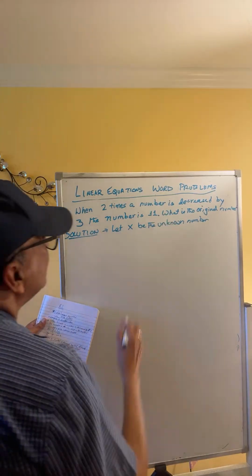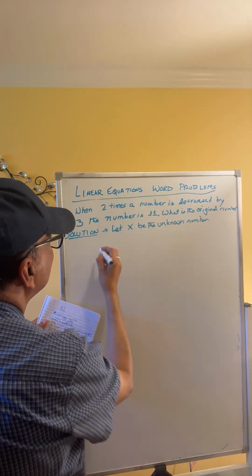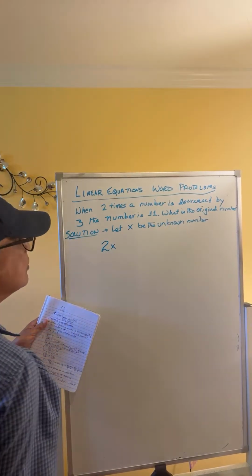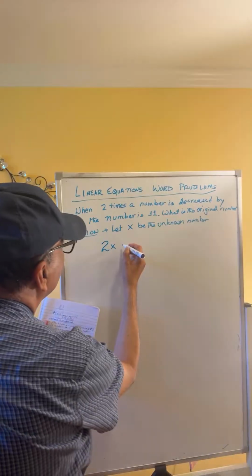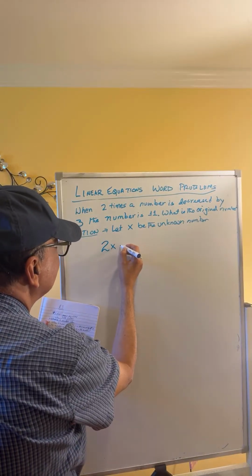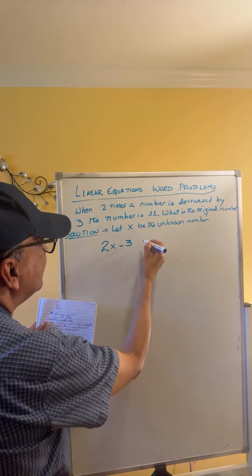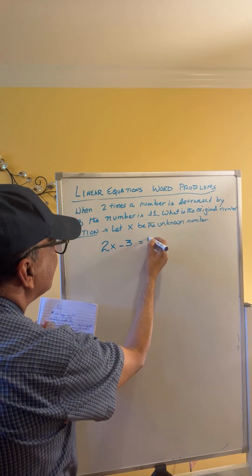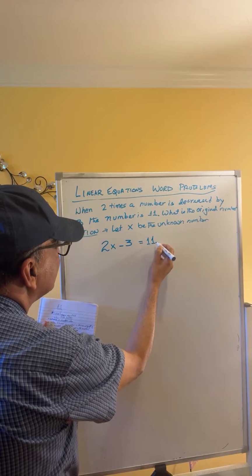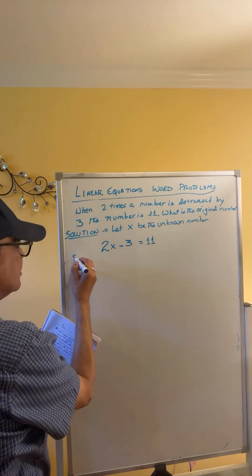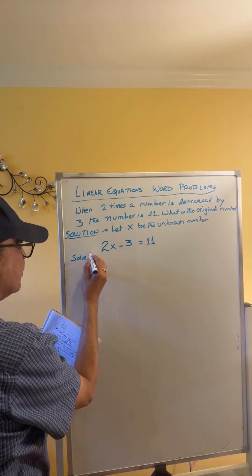So like the problem said, 2 times a number, which is 2 multiplied by x, is decreased by 3. So decreased means subtracted. 3 is subtracted from 2x. The number is 11. What is the original number? That means we have to solve for x. Solve for x.